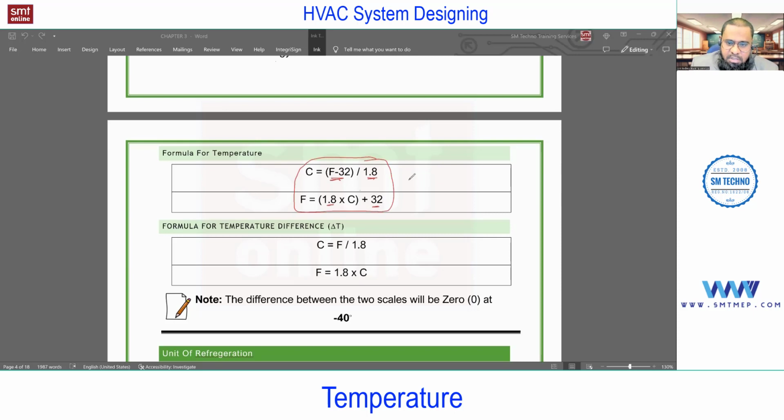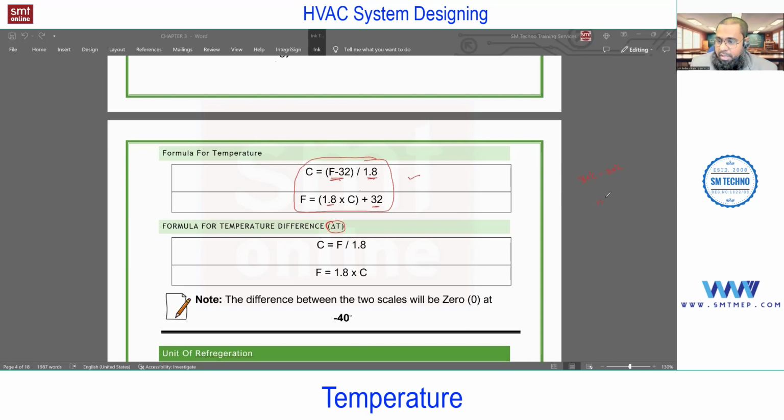But remember, this is for temperature to temperature conversion. In case you are converting a temperature difference, this 32 factor is not applicable. For example, you see 30 degrees centigrade minus 20 degrees centigrade.